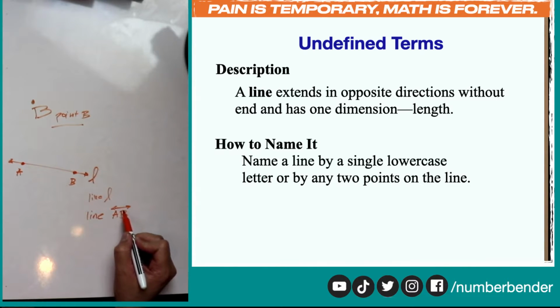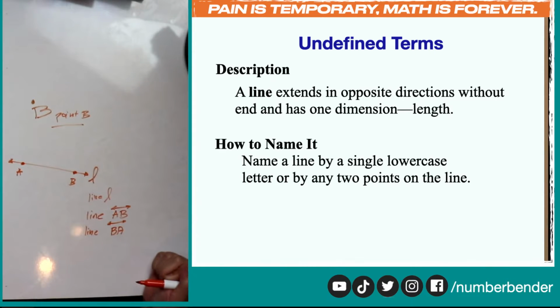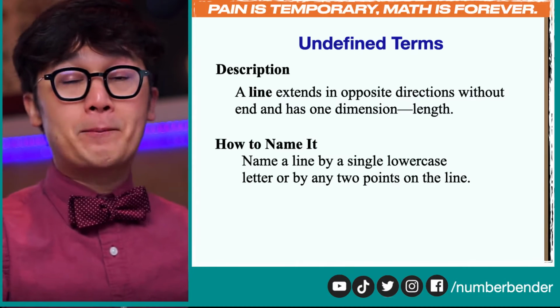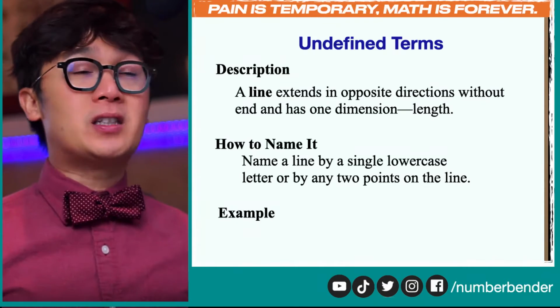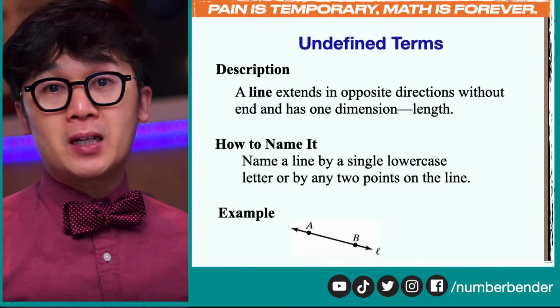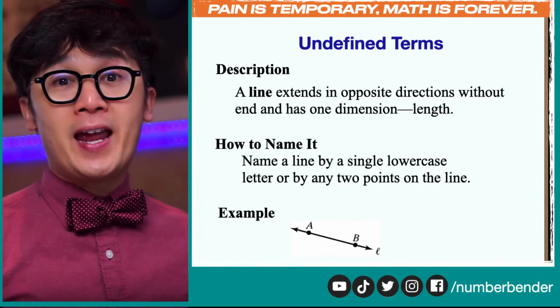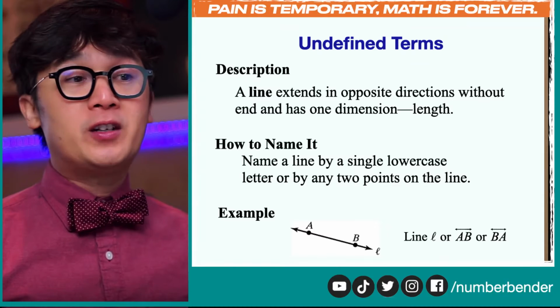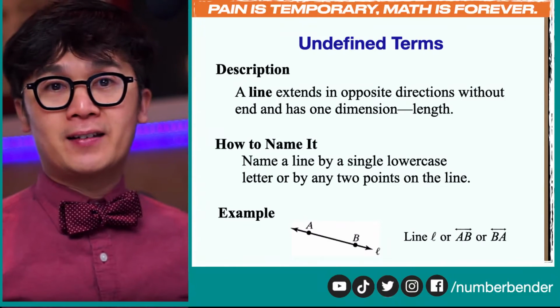At ang kagandahan sa pagsulat ng notation sa line, pwede din natin siyang isulat as line BA. So that means, pwede nyo pagbaliktarin yung inyong mga letters or points at parehas pa rin siya ng meaning sa geometry. So yan yung pamamaraan natin ng pagsulat ng line using geometry notation. So for example, we have line AB. We can name it as line L or line AB tulad ng nakikita nyo sa slide natin ngayon.